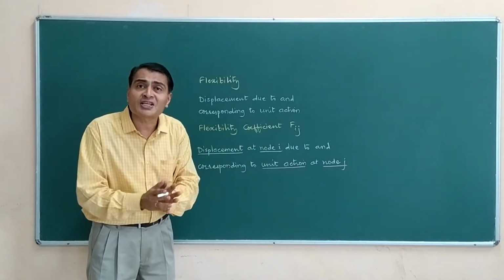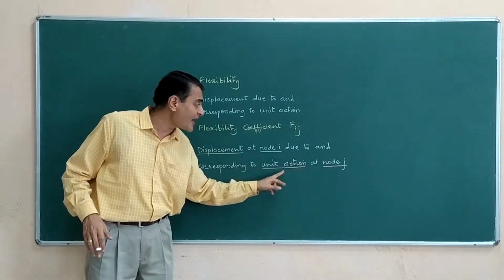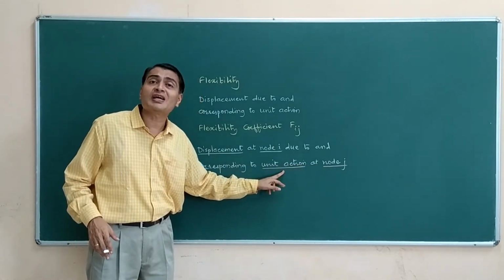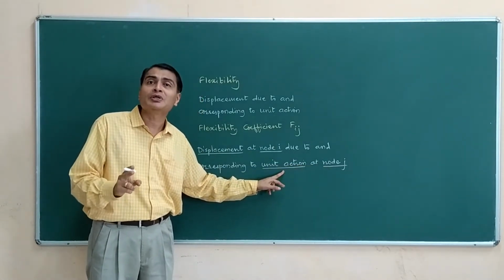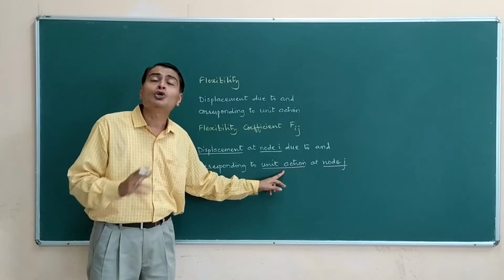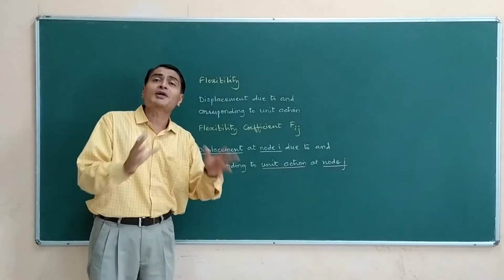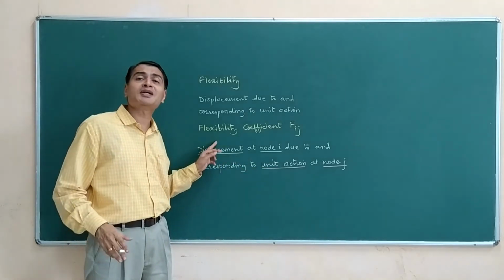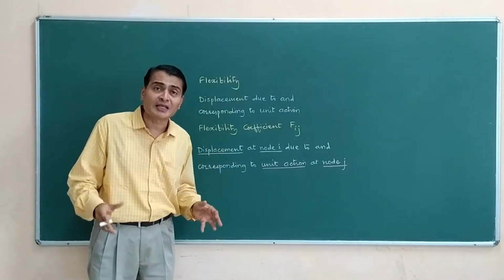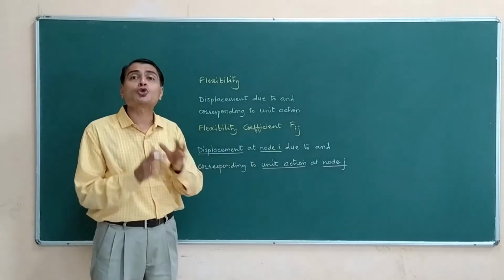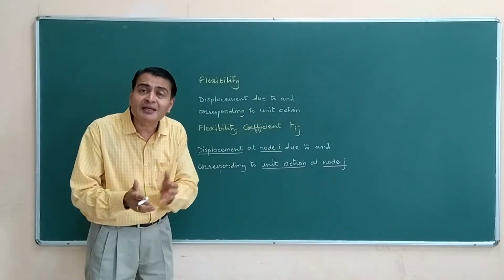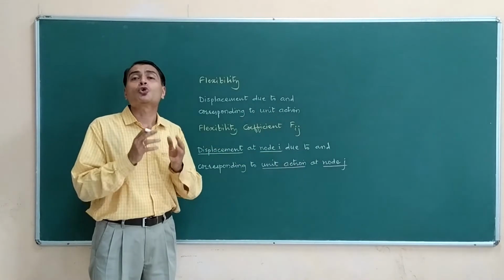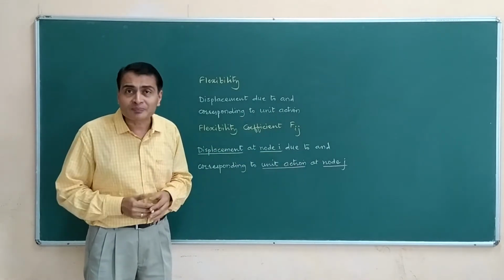Why are we calling it flexibility? Because our action at node z is a unit action, unit couple moment, unit applied force, whatever it is. So corresponding to unit action, whatever displacement I am getting is my flexibility. But i represents the location of displacement and z represents the location of unit action.